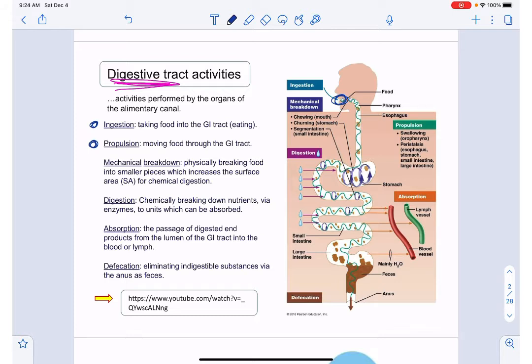And so propulsion is going to occur in every location along the GI tract. It's going to occur in the mouth, the pharynx, the esophagus, the stomach, the small intestine, large intestine, rectum, and anus. Okay, the food bolus is constantly being propelled through the GI tract.